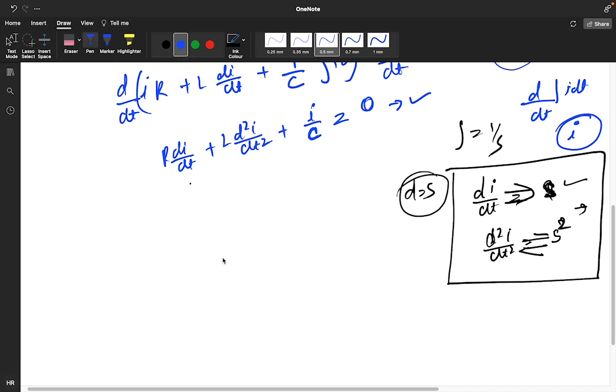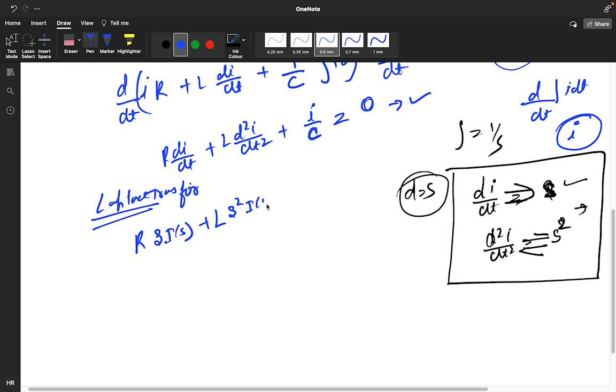So in the Laplace transform, I will get R s I of s plus L s square I of s. For di by dt, that's why I of s is coming.